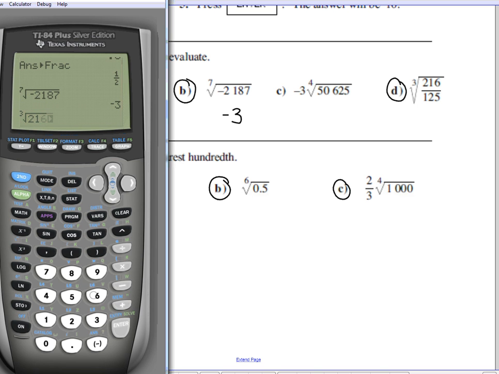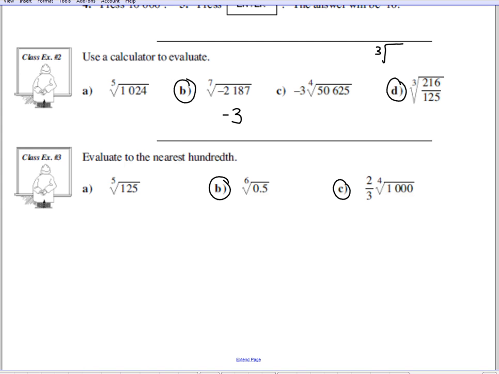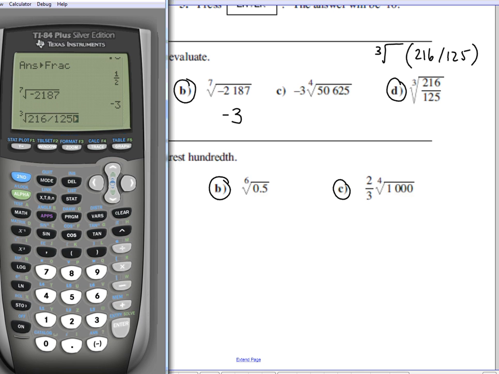On this type of calculator, if you push cubic root, it automatically opens a bracket. Then you type in 216 divided by 125, and then you close the bracket. What did that give you?